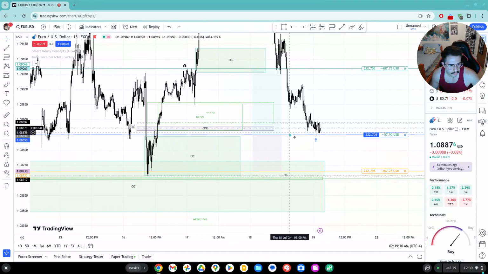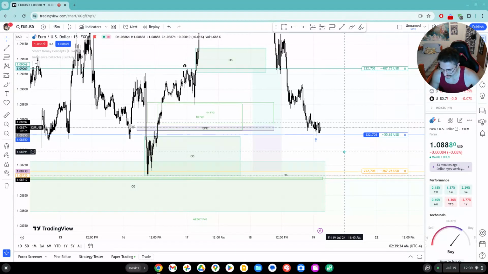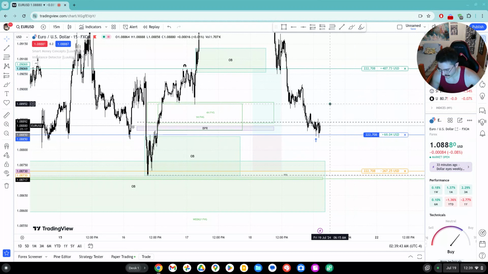So I think that's like the one currency. Maybe there's one other one that's 0. So no, I was able to get tagged in immediately at the price that I actually wanted. UK 100, 12 pip spread. I was thinking maybe we could try trading futures tonight. I've tried in the past trading UK 100, but I don't really like how it moves.